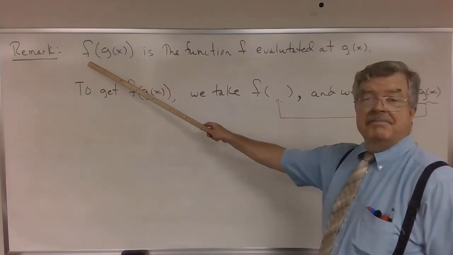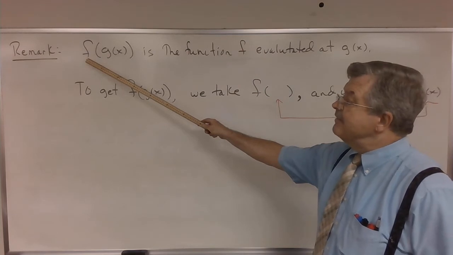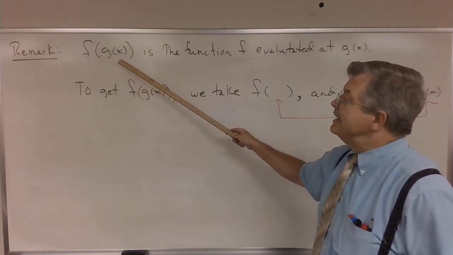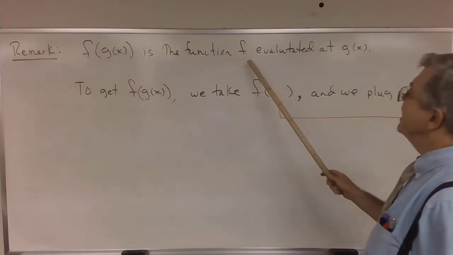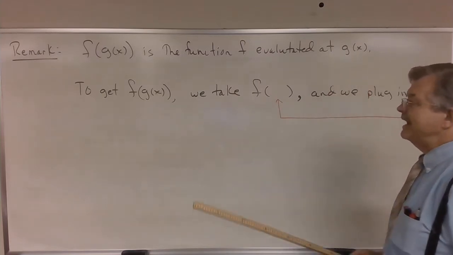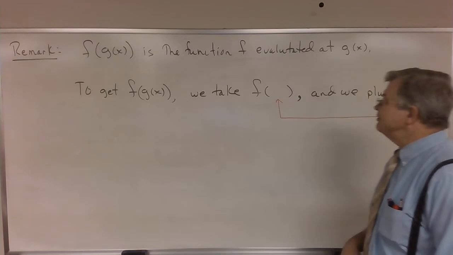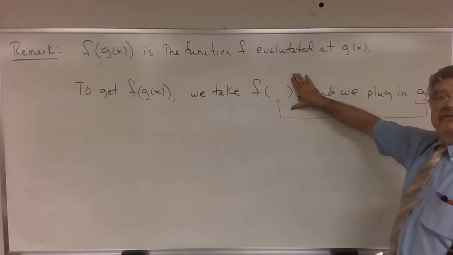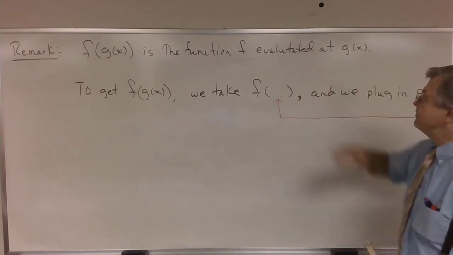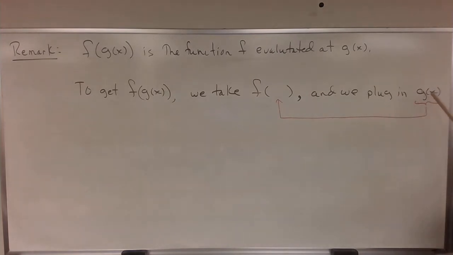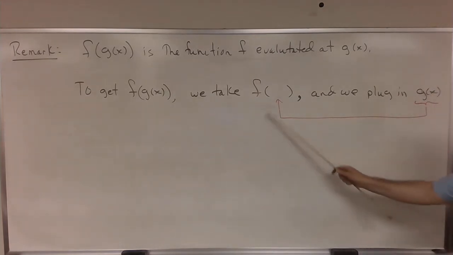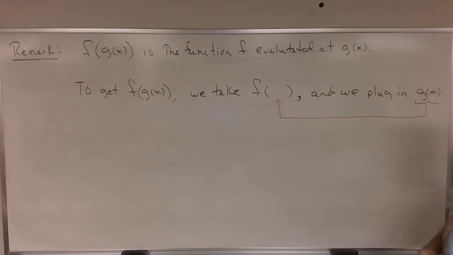So this is the function f evaluated at g of x. And to get f evaluated at g of x, we take the function f right here, and we plug g of x into the function f.